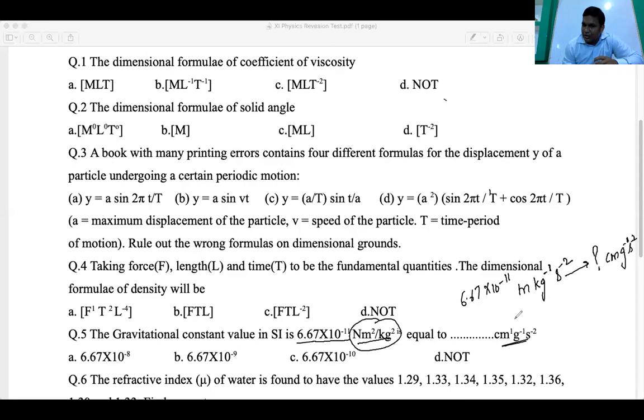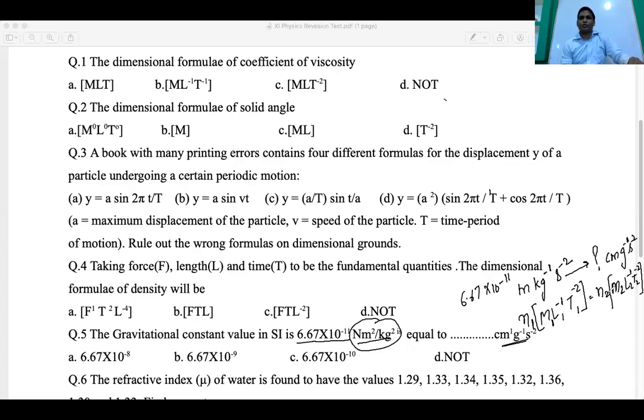I already told you what you need to do. You need to write the dimensional formula here. N1 dimensional formula of this gravitational constant. What will it be? It is your M L minus 1 T minus 2, isn't it? And N2 is your, and you have to just write here 1 1 1. Here it will be your M2, L2 power minus 1 and T2 power minus 2.